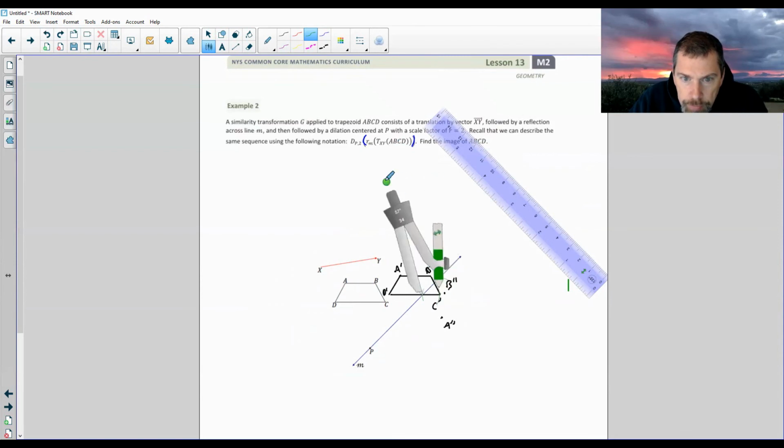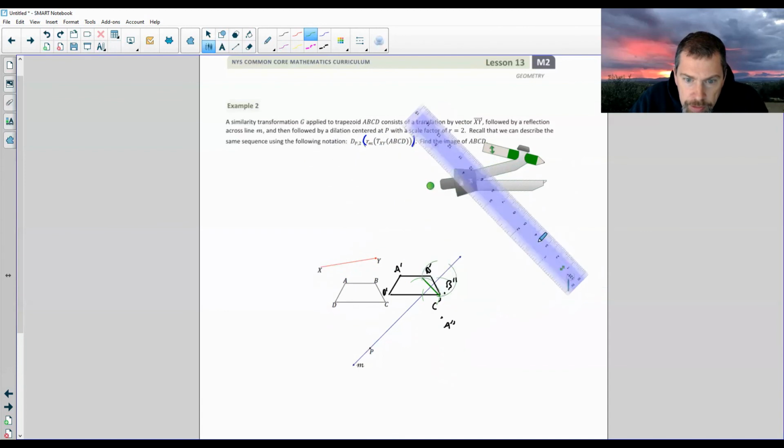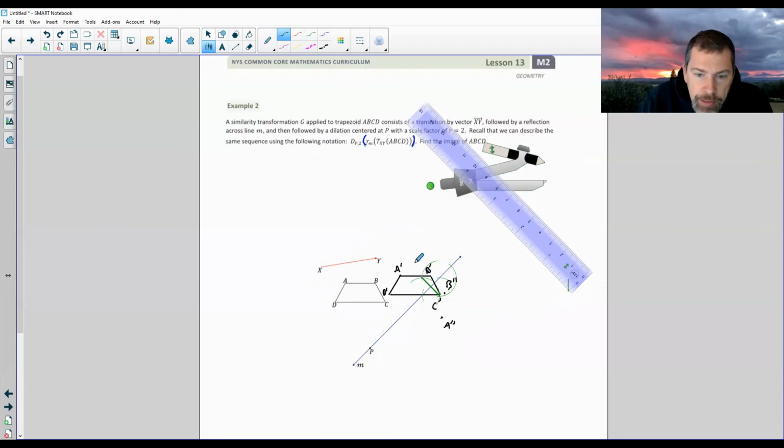Draw an arc, bring it over to the other side, draw an arc, move it to your other point of intersection, draw an arc, bring it around to this side, draw an arc. Bring my ruler over. Where those 2 arcs intersect is going to give me the distance, equidistance both sides, and the new endpoint at the other end right here will be C double prime. That's right here. All right, and then I delete my construction.